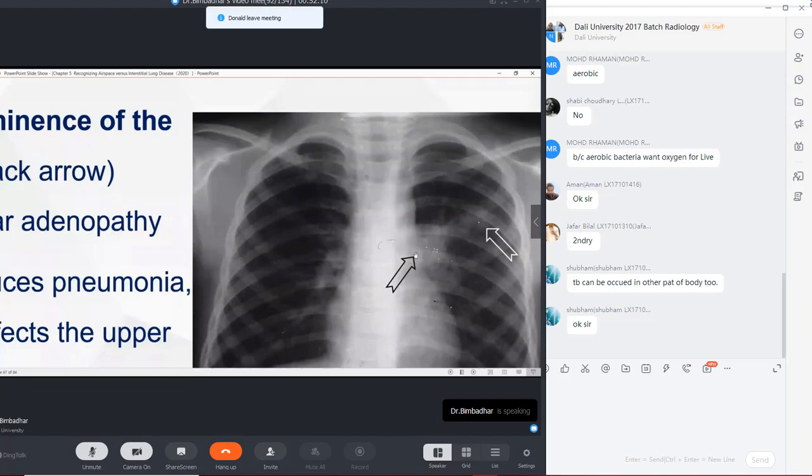So here I see a well demarcated opacity, hazy density, and we can technically also call it a patchy density. A single focal patchy density present on the left upper lobe along with lymphadenopathy on the left side indicates that this patient is suffering from primary tuberculosis.